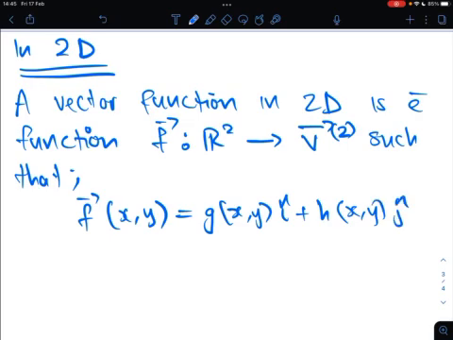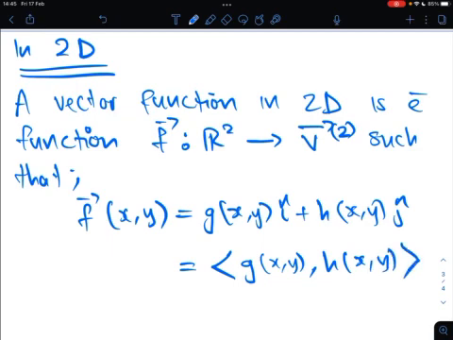That's how we can picture a vector function. Sometimes this can be written in new notation as just <g(x,y), h(x,y)>, using what is known as the angle bracket notation for the representation of vectors. So that's what a vector function really is. It's a function which takes a point, and from that it constructs a two-dimensional vector.